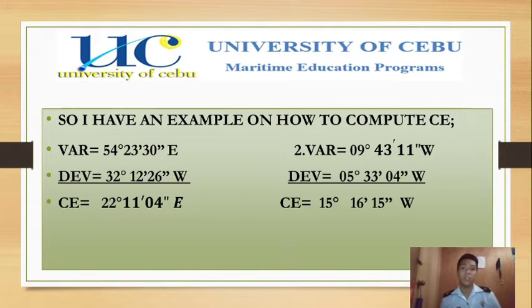Number one, for the variation we have 54 degrees 23 minutes and 30 seconds east, and for the deviation we have 32 degrees 12 minutes and 26 seconds west. In order to get the compass error, since the variation is east and the deviation lies in the west, which are opposite directions, we must subtract.